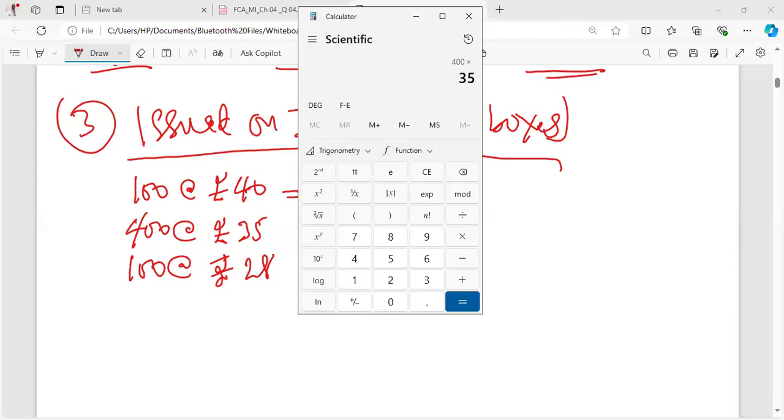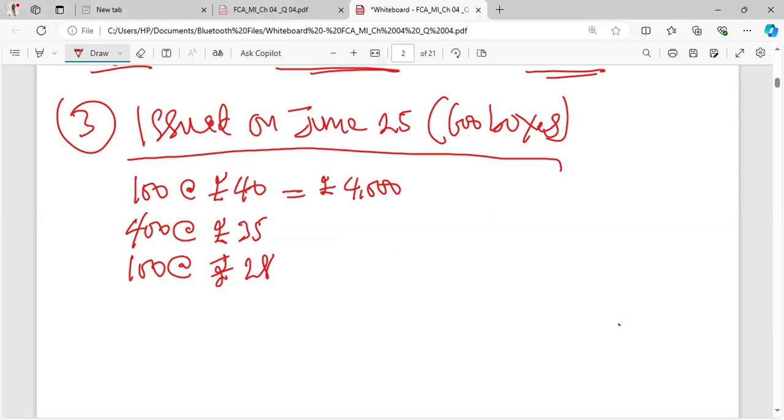That would give us 14,000. So we have 14,000 here. Then 100 times 28 will give us 2,800.